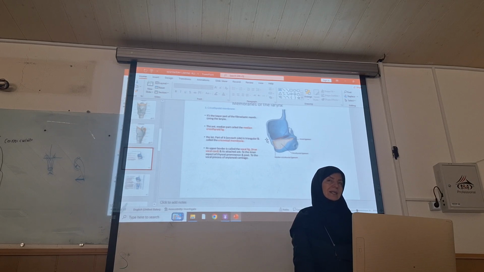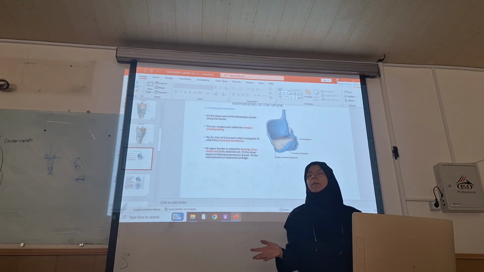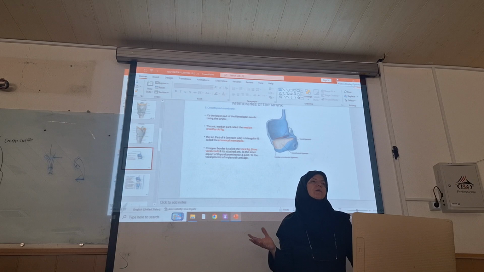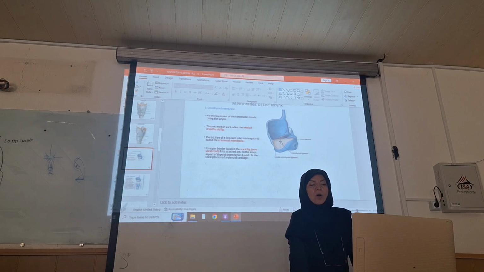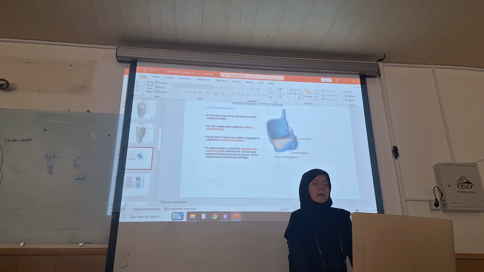Okay? You are in an exam. I ask you, the vocal cord or true vocal cord is going to be a part of which of the following ligaments or membranes or structures? It is a small portion of this fibroelastic membrane. What's the name of this fibroelastic membrane? Cricothyroid membrane.